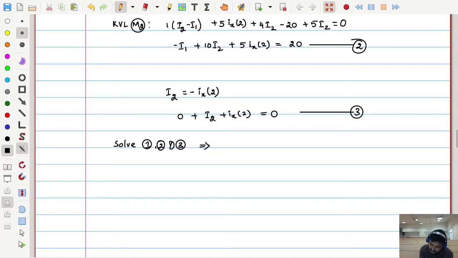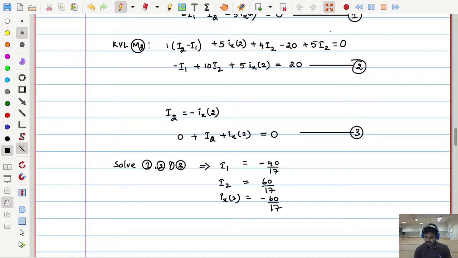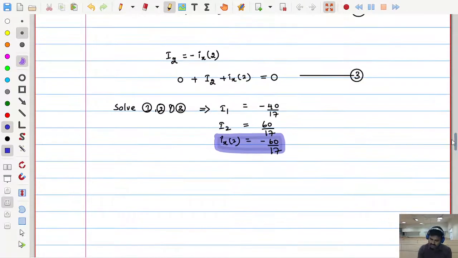Just put over here all those things: I1, I2, Ix of 2. If you solve these three equations, we will get these values as I1, I2 and Ix of 2. Here Ix of 2 is my required response.